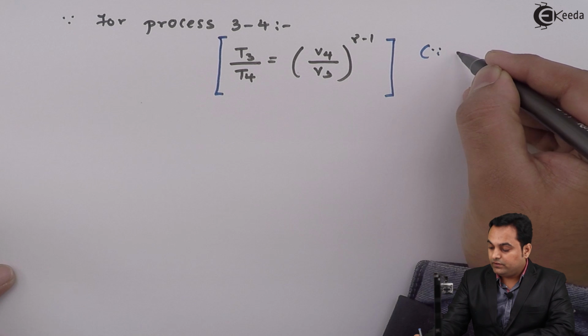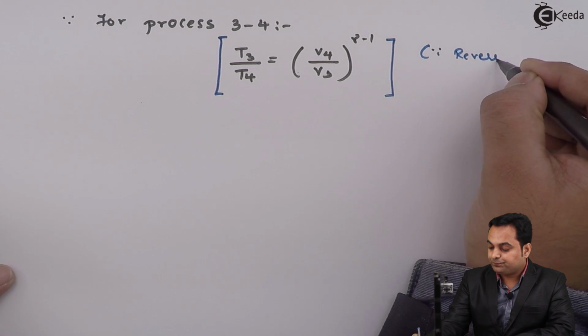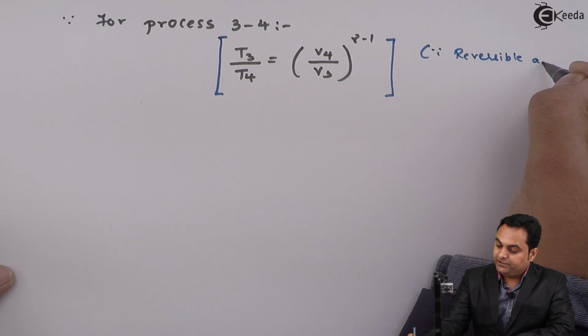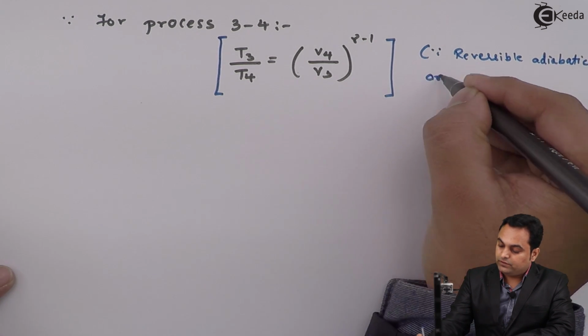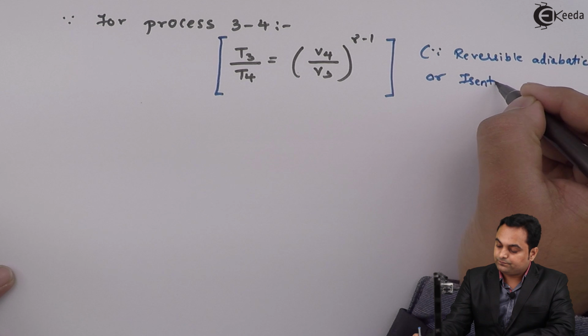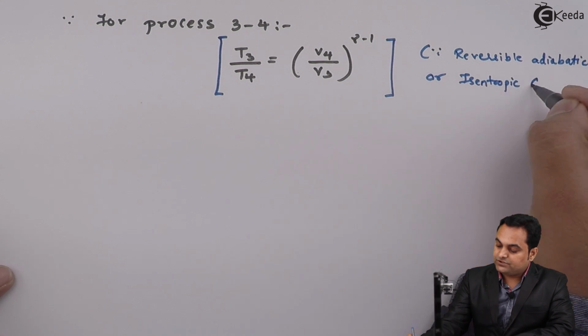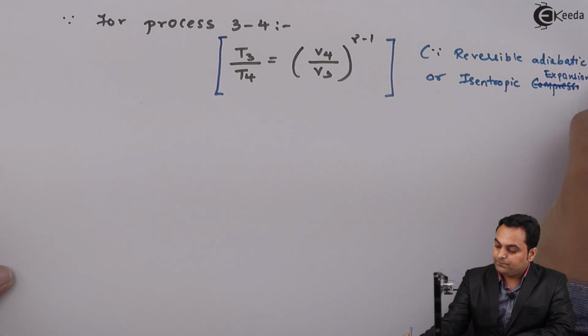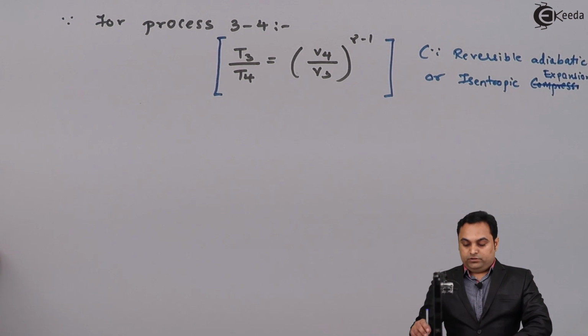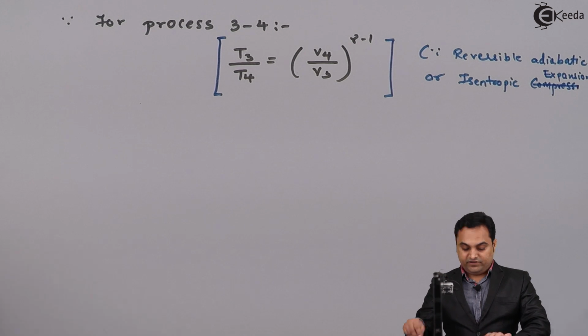Since it is reversible adiabatic or isentropic compression, or here since it is expansion, so it will be isentropic expansion process.